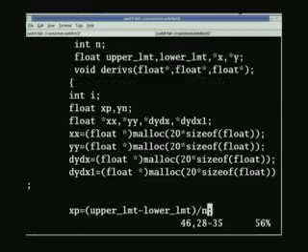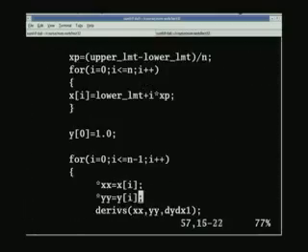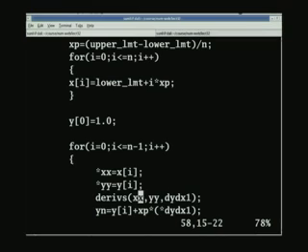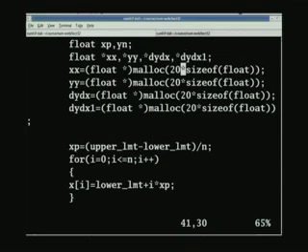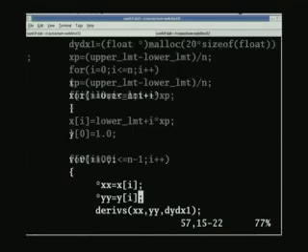Then it calls the derivs with the x value and the y value at which I want to evaluate the derivatives, and this function would return the dy dx, the derivative at that point x and y. Both xx and yy are pointers, and dy dx1 is also a pointer. So I have allocated memory for all of that here.